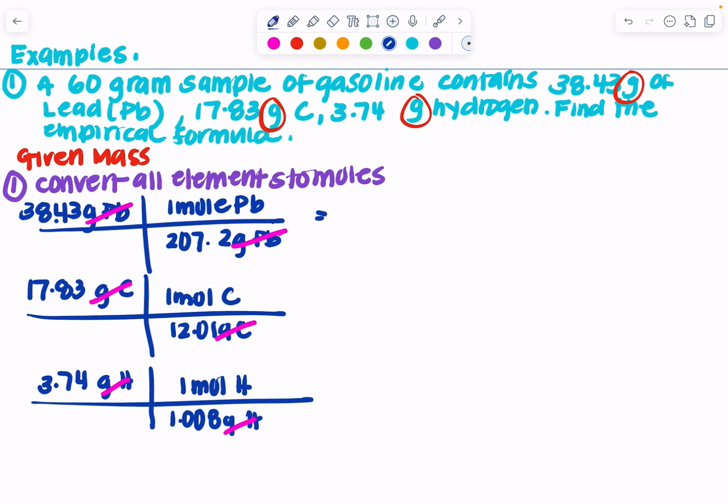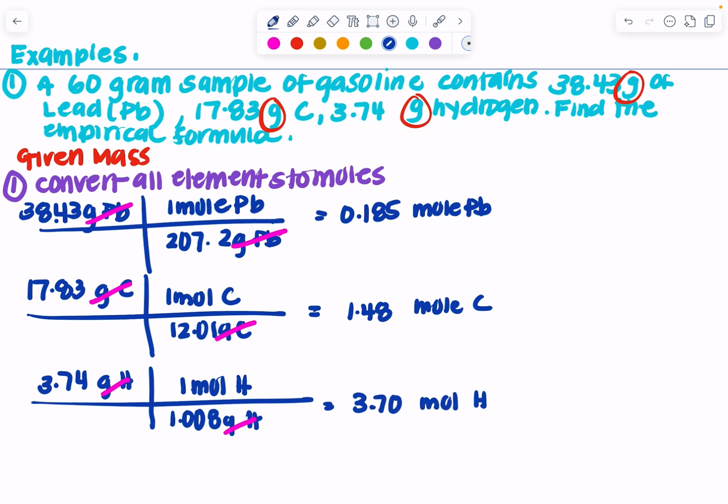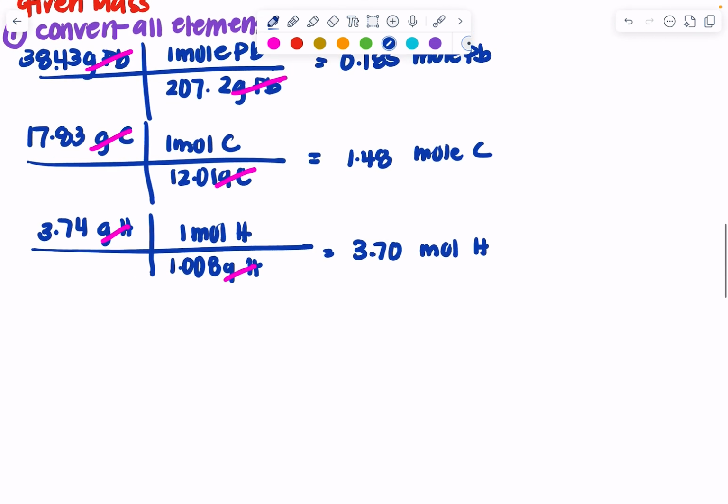If we do this math correctly, we should get 0.185 moles of Pb, 1.48 moles of carbon, and 3.70 moles of hydrogen. Okay.